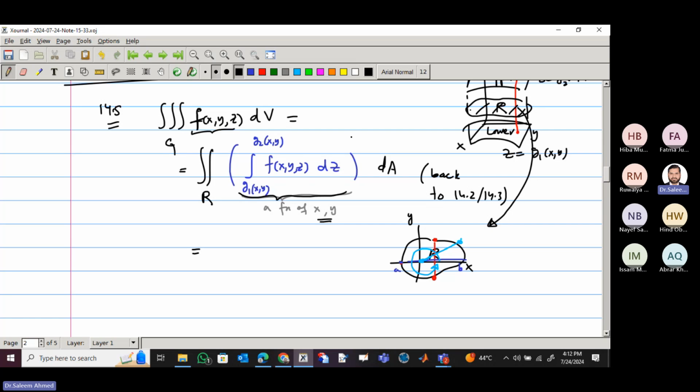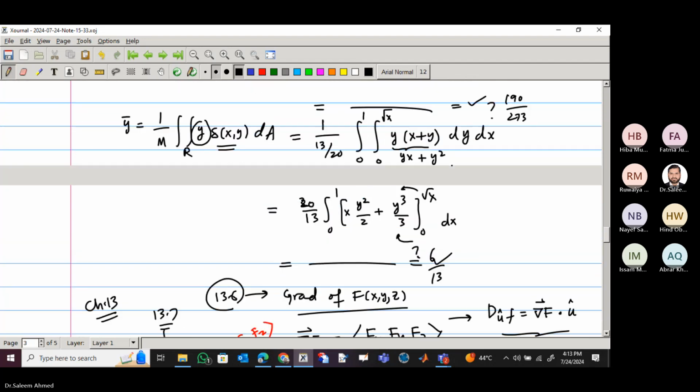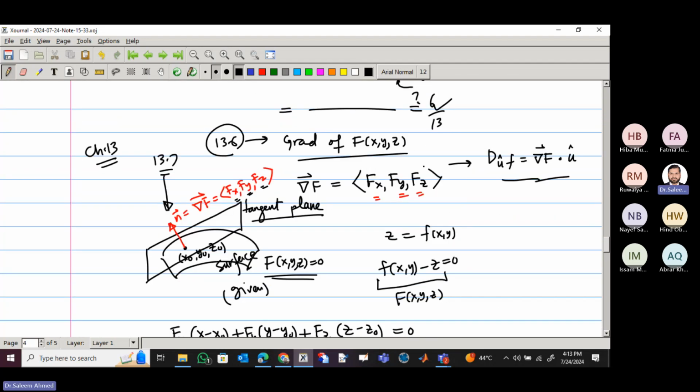In 14.8, formulas will be given to you, so you just have to concentrate on the region, on the limits of the integration. And that you write only once, not many times. Hopefully that helps.